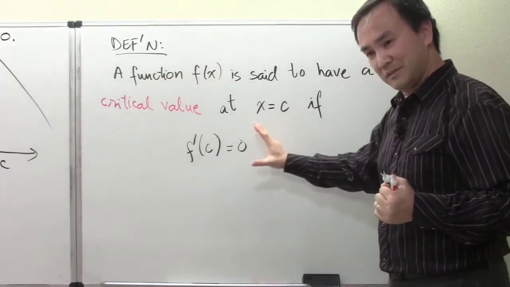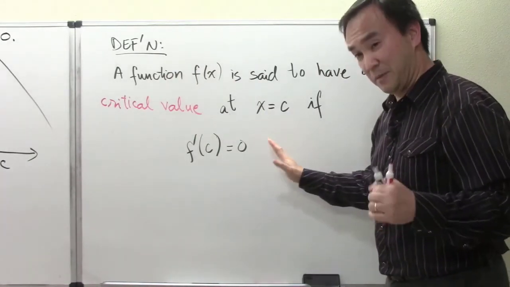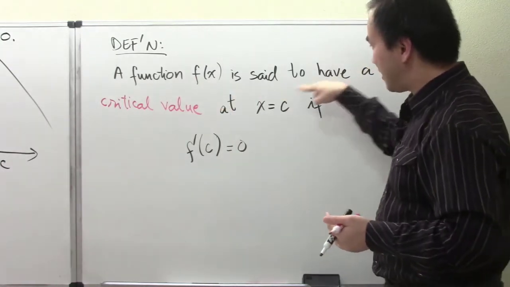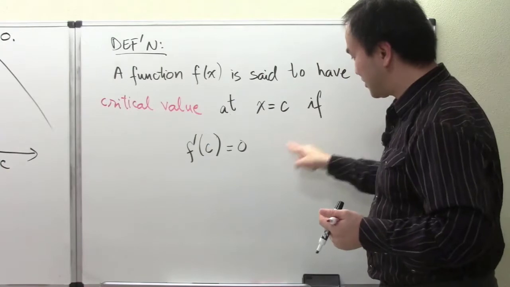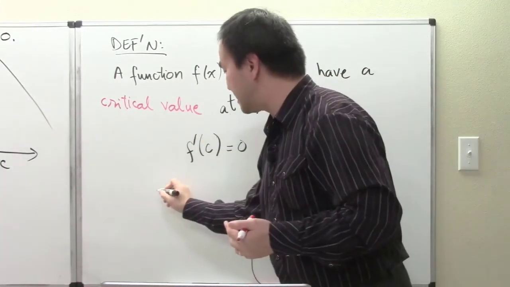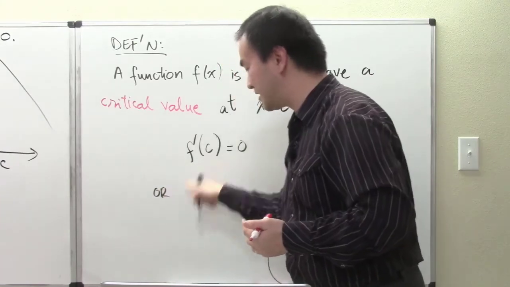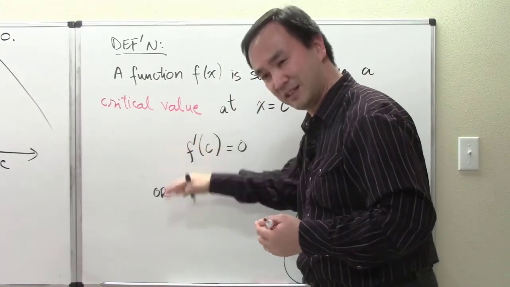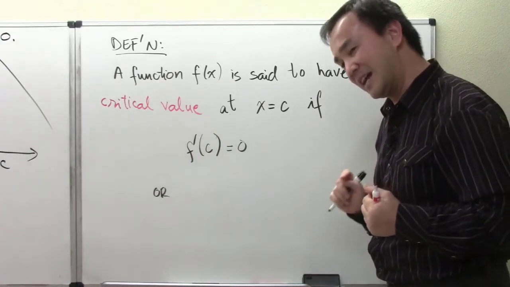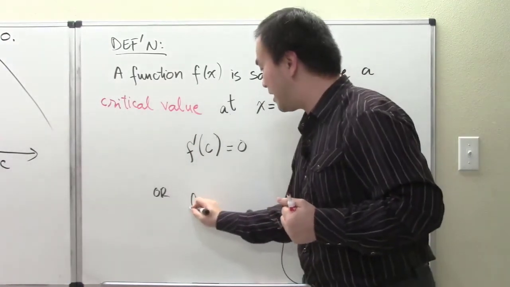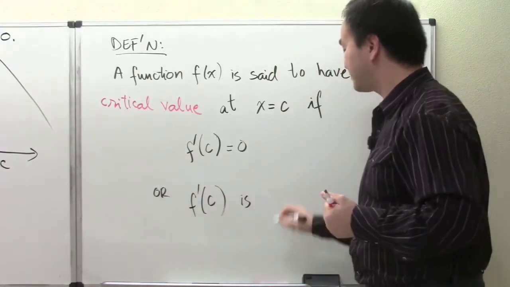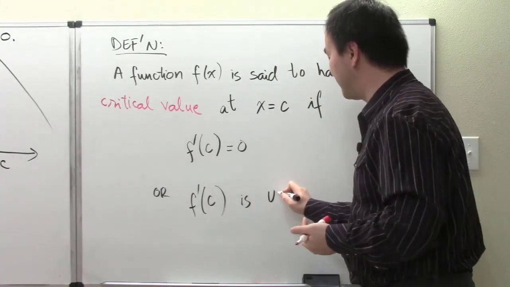But this is not all there is to being a critical value. A function f of x is said to have a critical value at x equals c if f prime of c equals 0, or, and this is another condition, but watch out, it's an or, so only one of these requirements needs to pass for your point to be a critical value on the x-axis, or f prime at c is undefined.